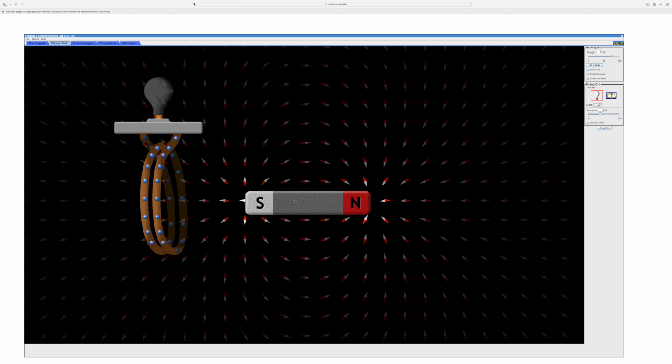But coming back to this point, when you speak about Lenz's law, whatever you're trying to do, the coil will behave exactly the opposite way. Now let's forget about north pole and south pole. Tell me one thing, whichever pole I take closer to the coil, am I trying to increase the flux or decrease the flux? If I try to increase the flux, what pole is getting generated? If I move a south pole, south pole. If I move a north pole, north pole.